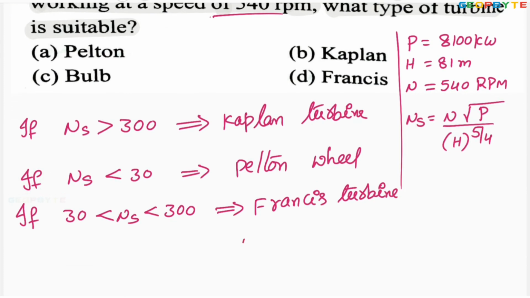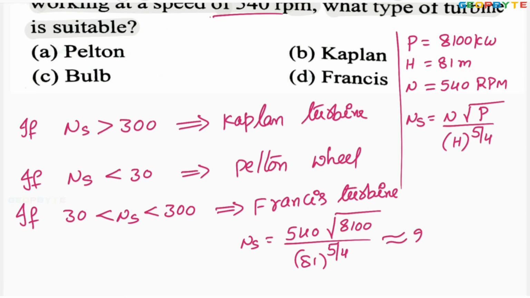So ns equal to 540 into root of P equal to 8100 divided by H equal to 81 power 5 by 4. You simplify this value, approximately you are getting 200.